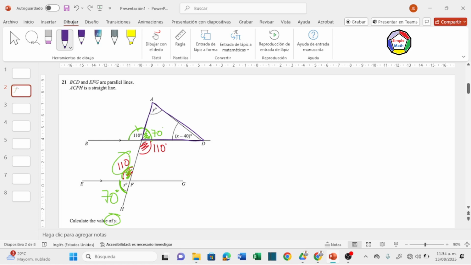Yes, that's the property. So what happened with this angle? If you see, this angle is not well defined, it has a variable X, but we discovered what X is, right? So we can substitute to discover the measurement of this angle.